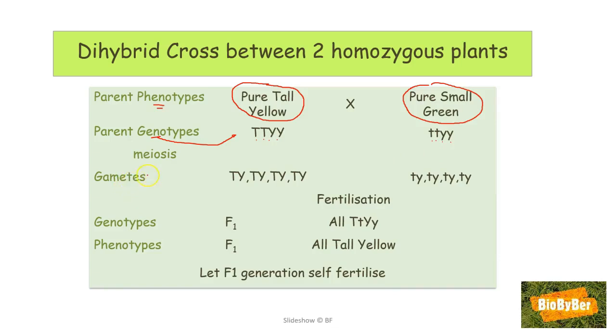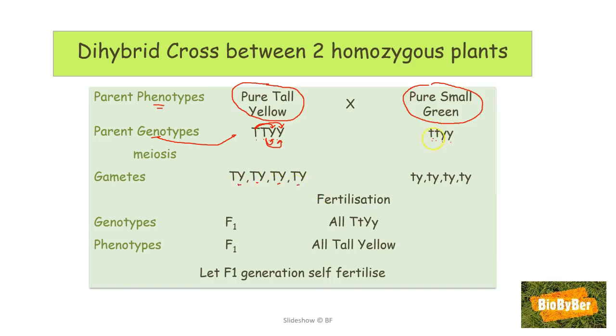Now, the gametes that we can get from each of these parents: on meiosis we have the possibility of getting 4 gametes. Using our arrow trick, the gametes would be a big T with a big Y, a big T with a big Y, a big T with a big Y, and a big T with a big Y. So strictly speaking, the 4 gametes here all happen to be identical to each other.